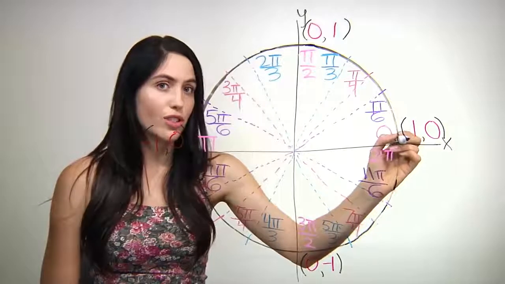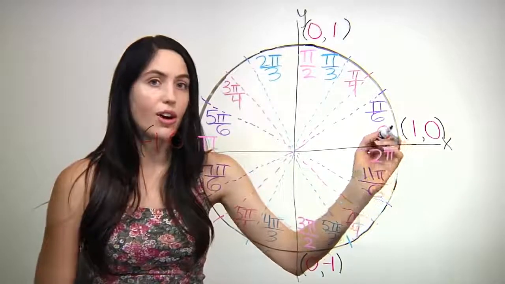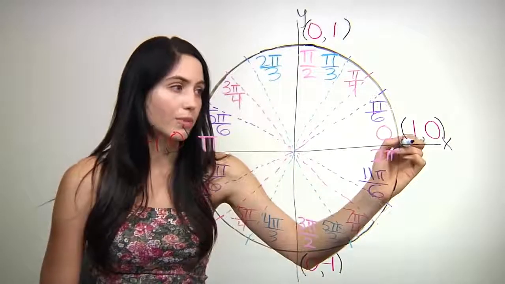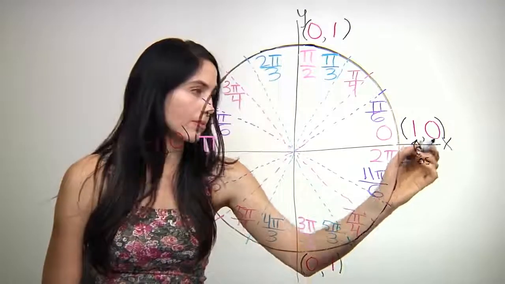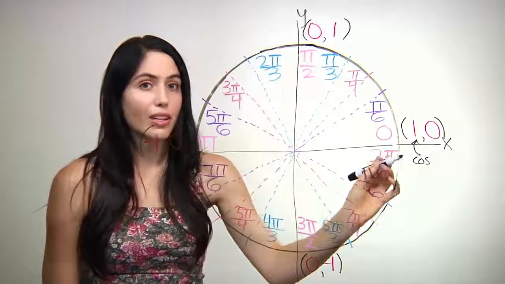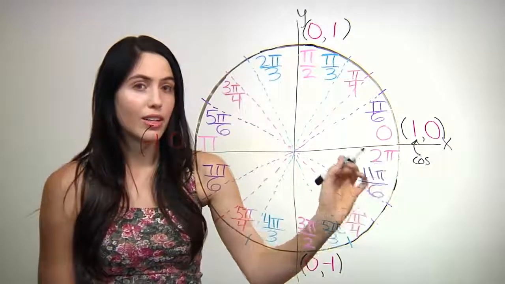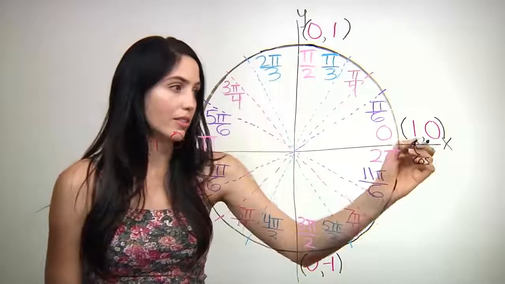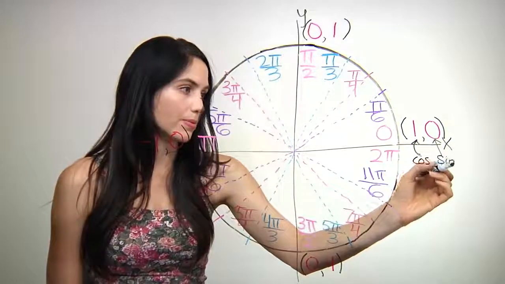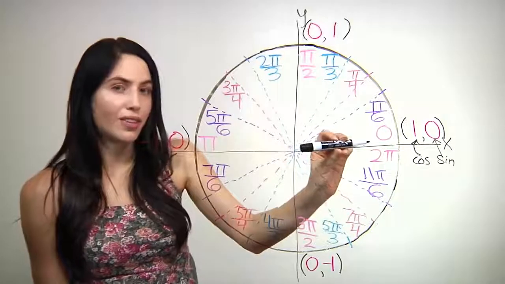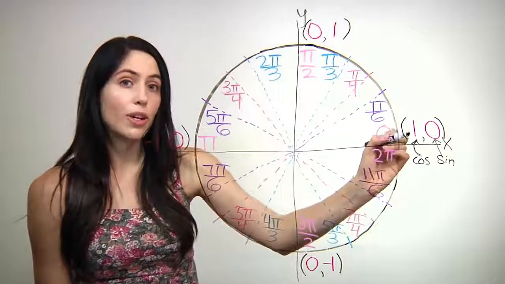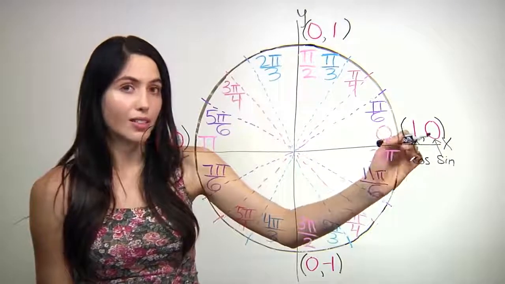The first value, the x coordinate, is always your cosine. And the second value, the y coordinate, is always your sine. So, for this angle of 0, the cosine is 1 and the sine is 0.